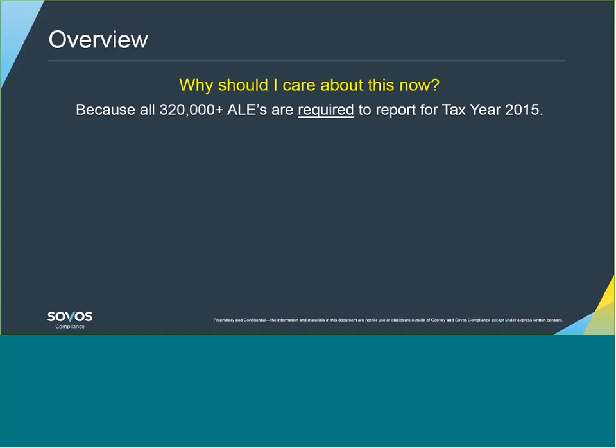And while this is considered a good faith year, the good faith here really only means that as long as you make an attempt to get information to the employees as well as send the information to the IRS, if there are any inaccuracies, there will not be any penalties assessed for this tax year 2015. However, the requirement does not give an exception if neither of those attempts are made.